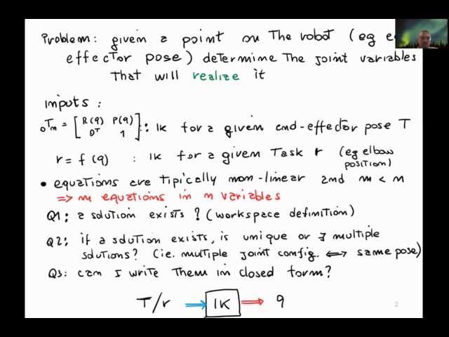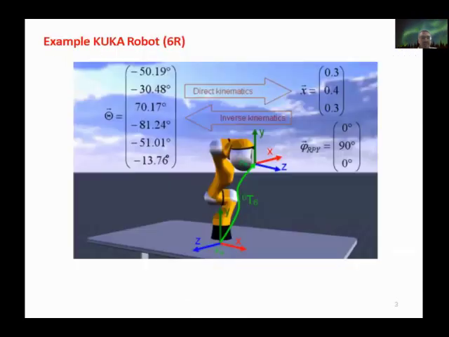So this is the block diagram of the inverse kinematics block. In this case, for example, we see an example of the KUKA robot with 6 degrees of freedom. In general the KUKA robot has 7 degrees of freedom, but in this case we are considering only 6.